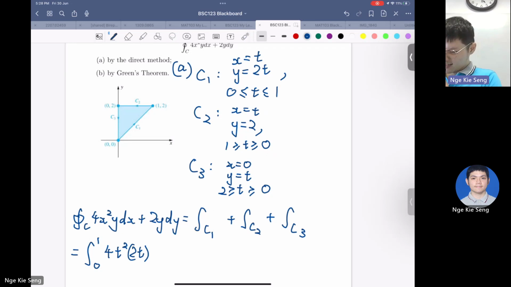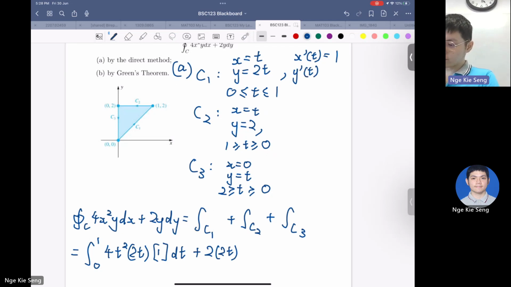But you need the derivative of x with respect to t, so it's 1. You multiply by 1 here, dt. Plus 2y. y is 2t, but you need to multiply by the y derivative, which is 2 dt.